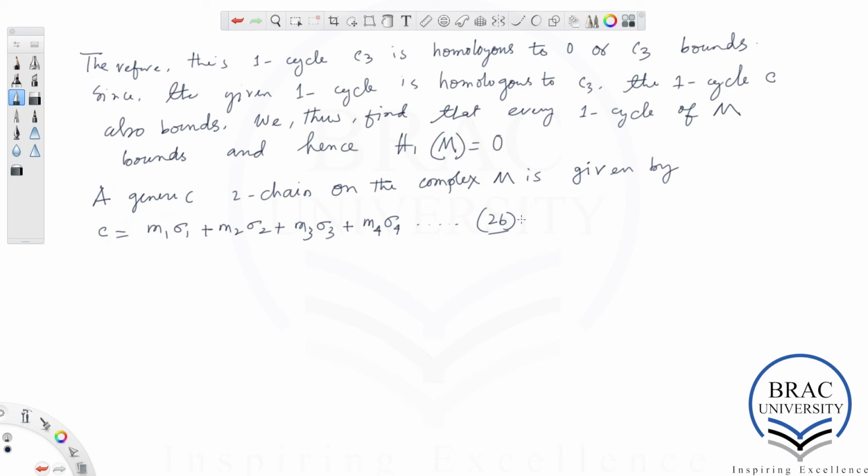If C is a two-cycle, then one should have delta 2C, which is a one chain, right? This is going to be equal to M1.